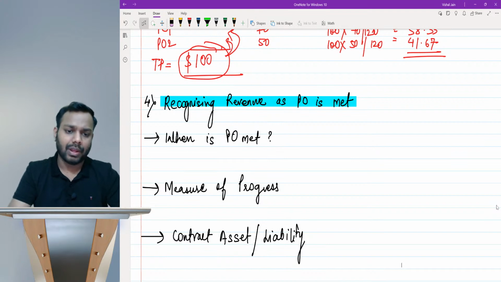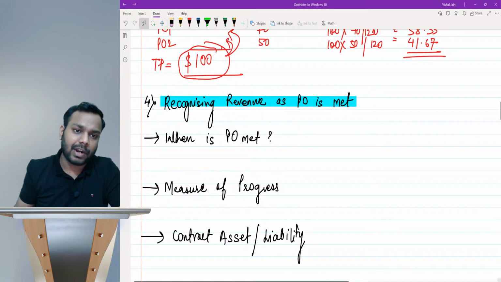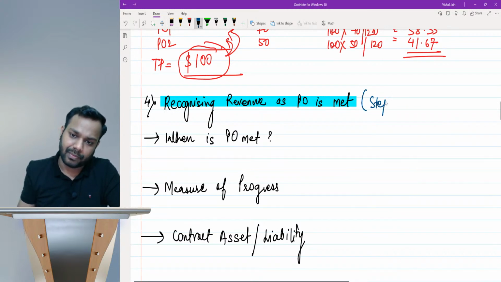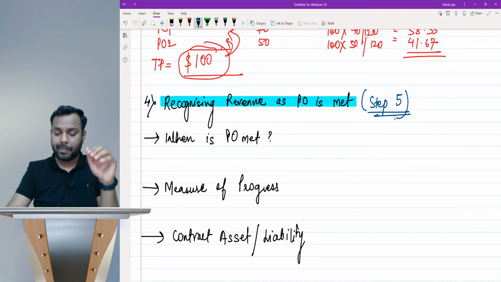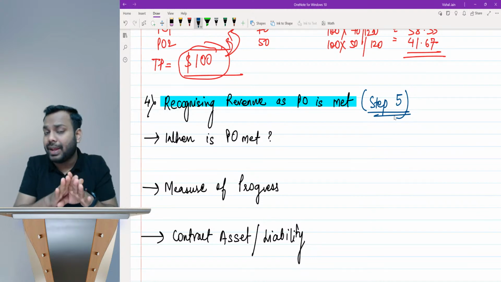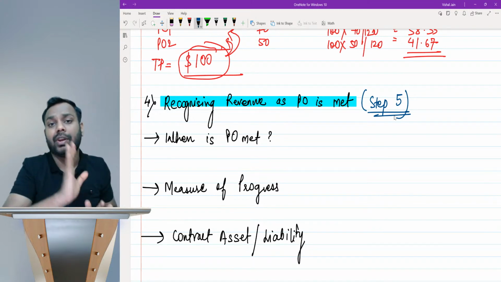Okay. Now, you have to recognize this as part of step number 5. Step number 5 says that as and when your performance obligation is being met, recognize revenue for that.